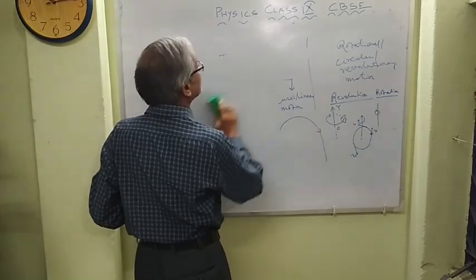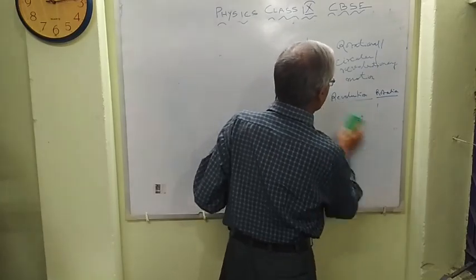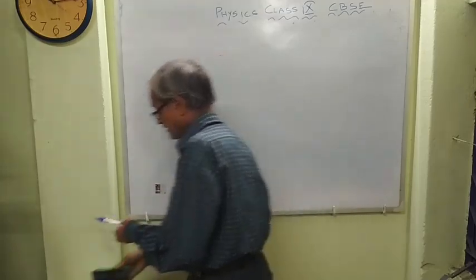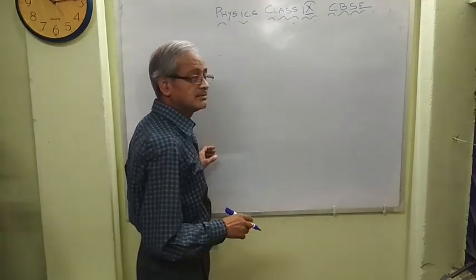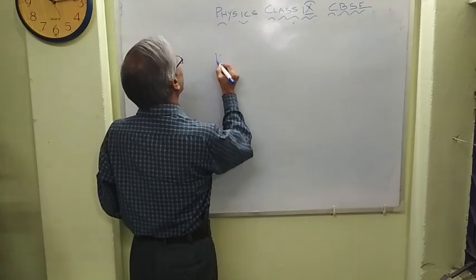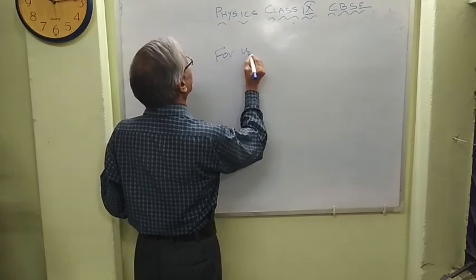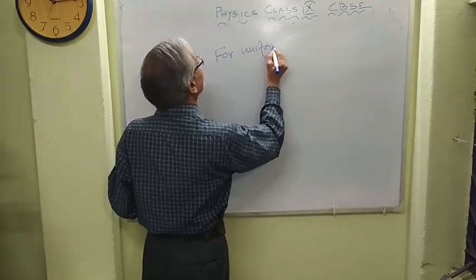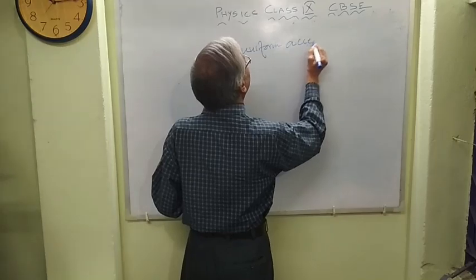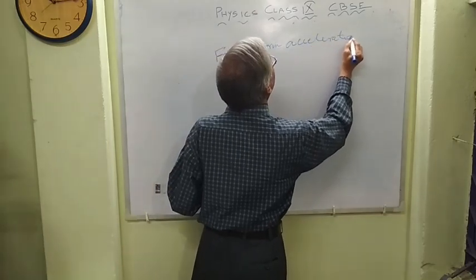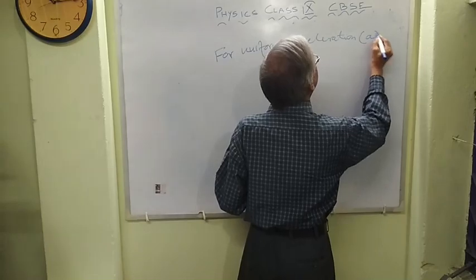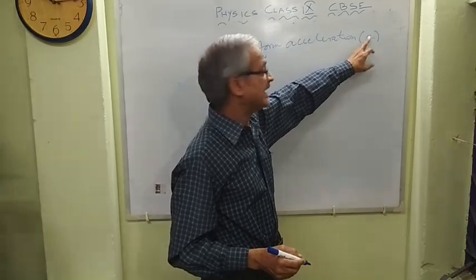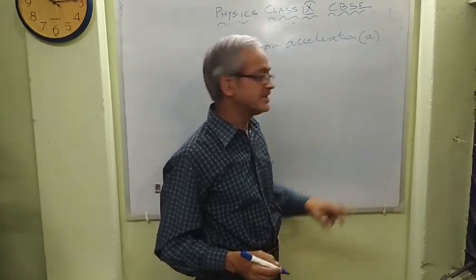Now, we know about the equations of motion for uniform acceleration. For uniform acceleration, that is a, here we take only the magnitude, hence no vector sign, that is arrowhead, is given here.